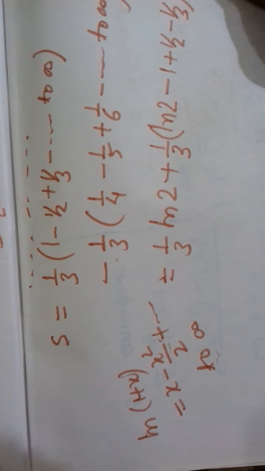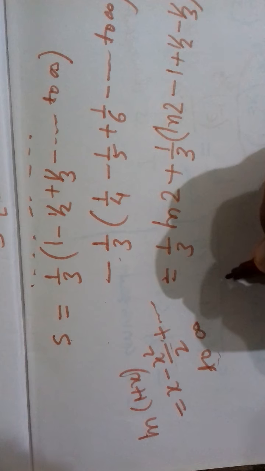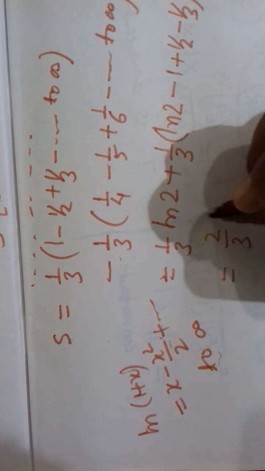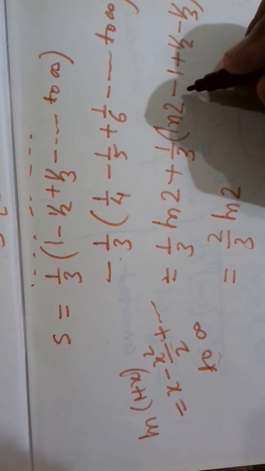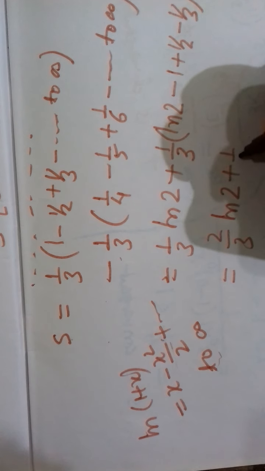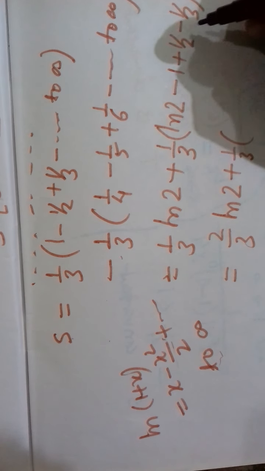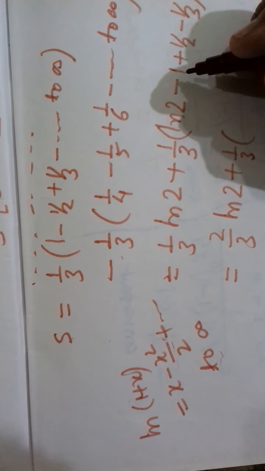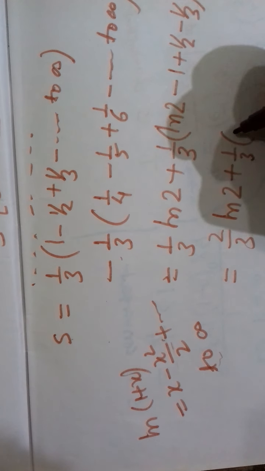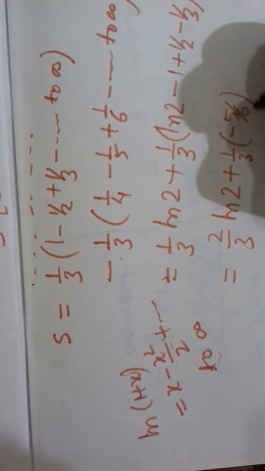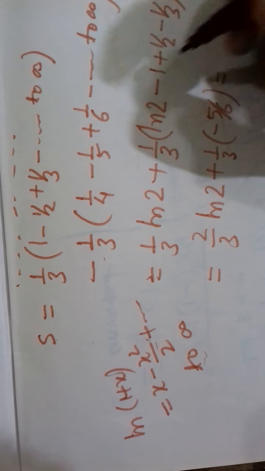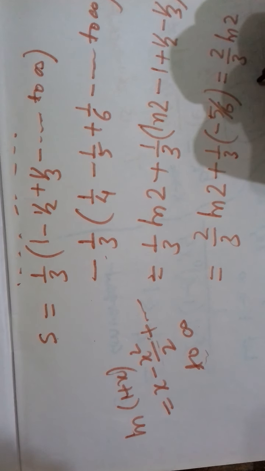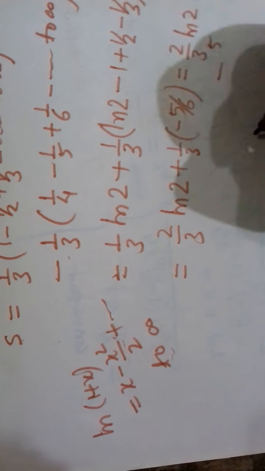Now we are at the end of our answer. This 2 will be 2 by 3 ln 2, and this plus 1 by 3, these 2 will be 1 by 6, and minus 1 plus 1 by 6 will be minus 5 by 6, and ultimately this gives us 2 by 3 ln 2 minus 5 by 18.